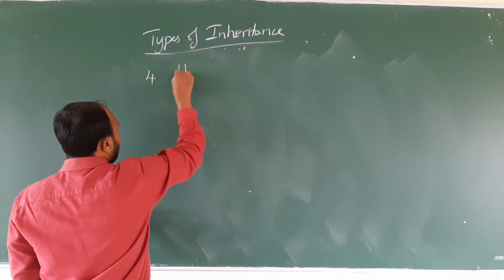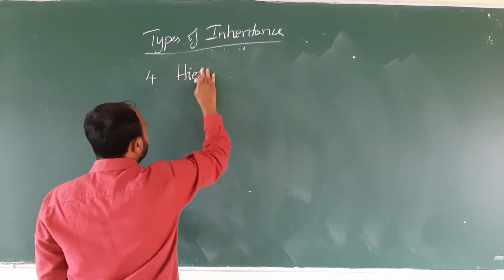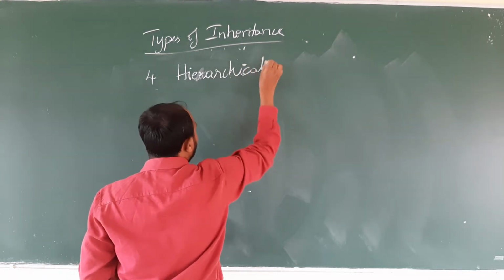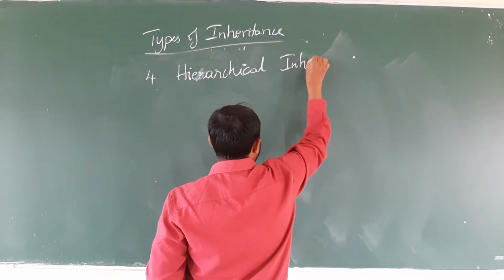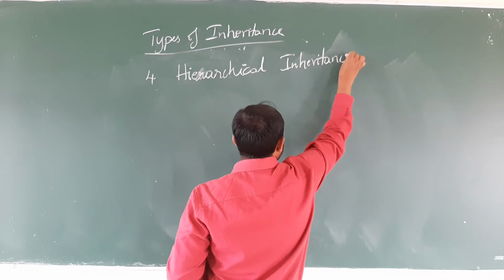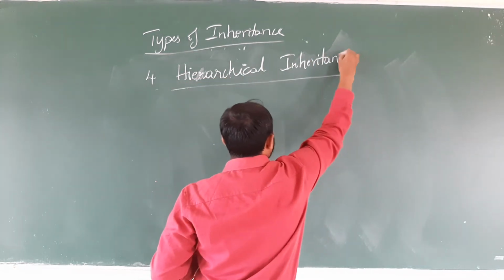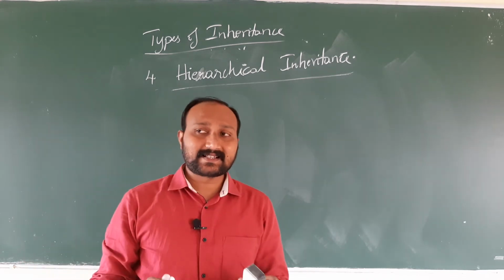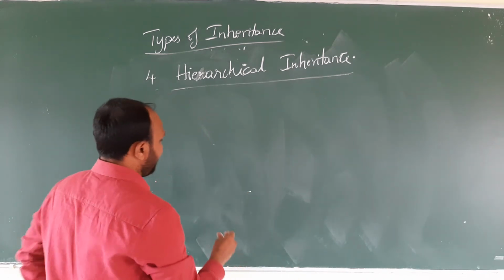Next, the fourth type of inheritance is hierarchical inheritance. So what is hierarchical inheritance? Please notice here. Here we will be following a set hierarchy. What is that hierarchy?